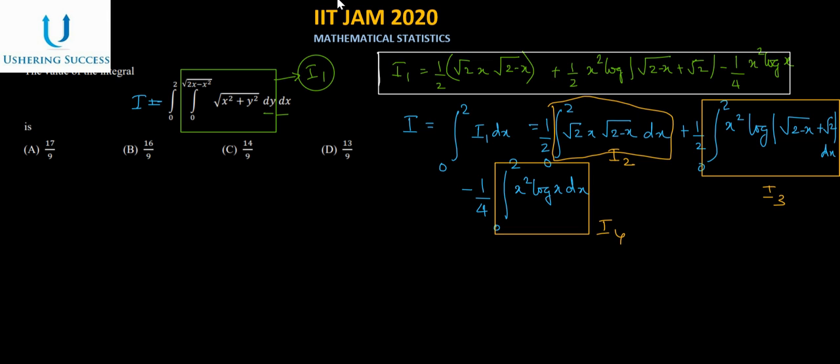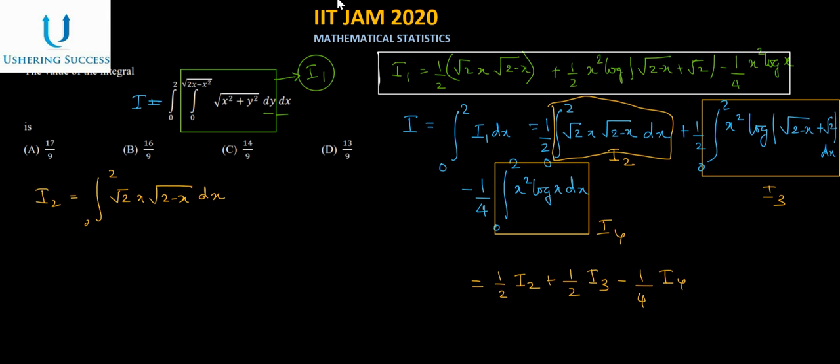So I1 can be taken as half of I2 plus half of I3 minus 1/4 of I4, where I2 is defined as integral 0 to 2 root 2x root over 2 minus x dx.